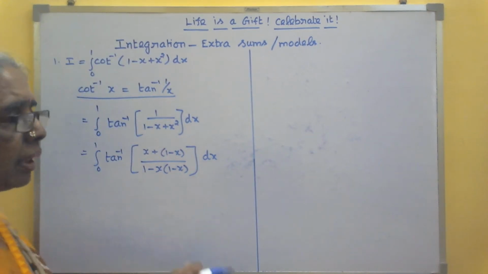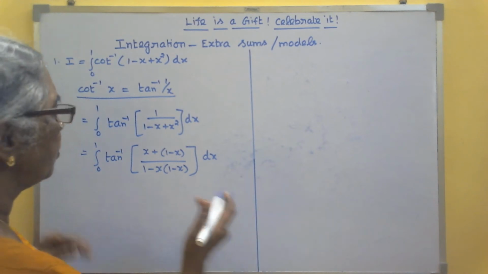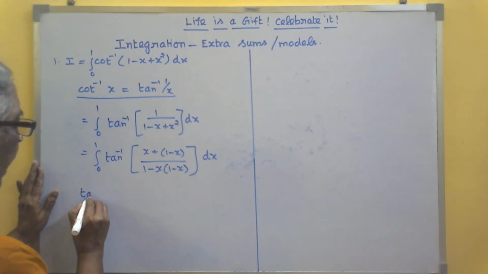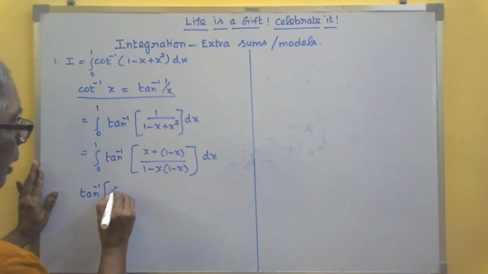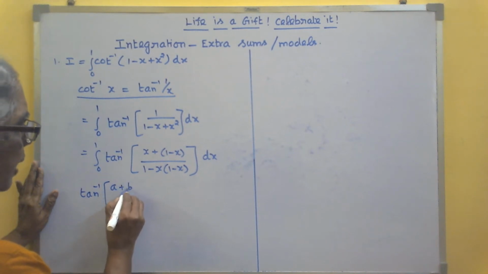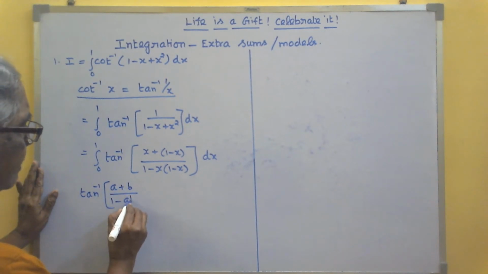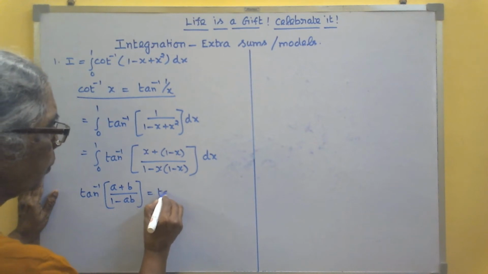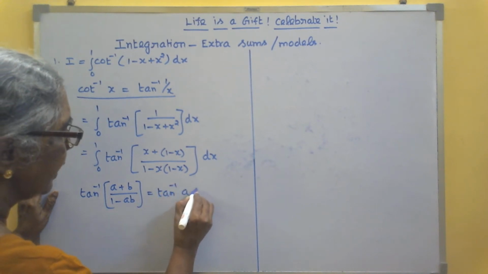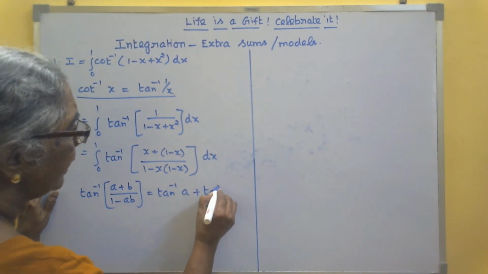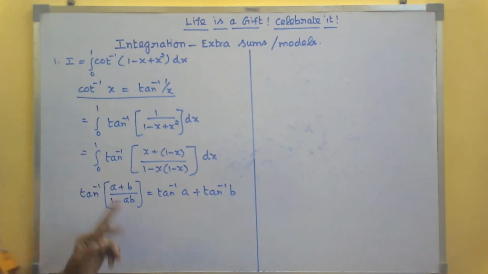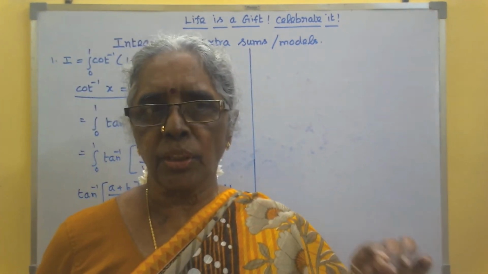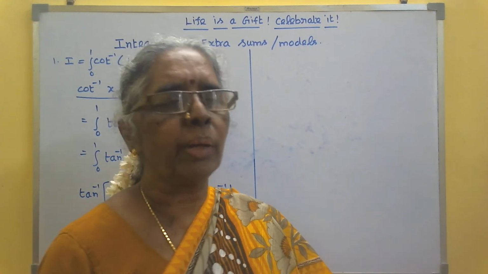Now another trigonometry formula which you have to remember is tan inverse of (A plus B) by (1 minus AB) is equal to tan inverse A plus tan inverse B. This is another inverse trigonometric formula which you have to remember.